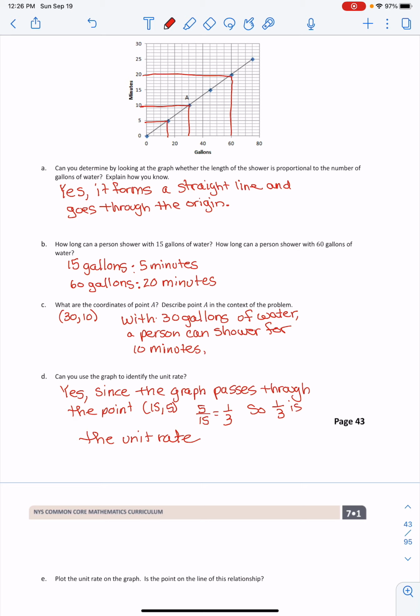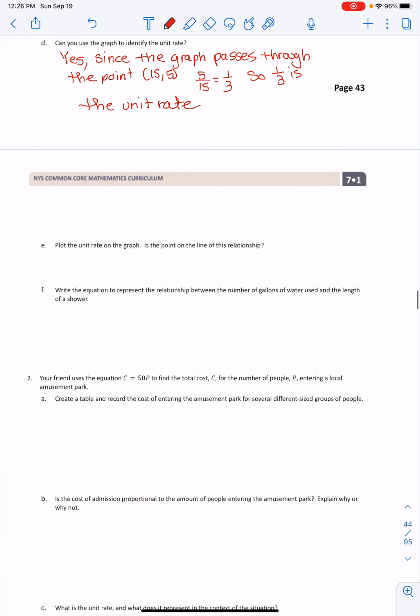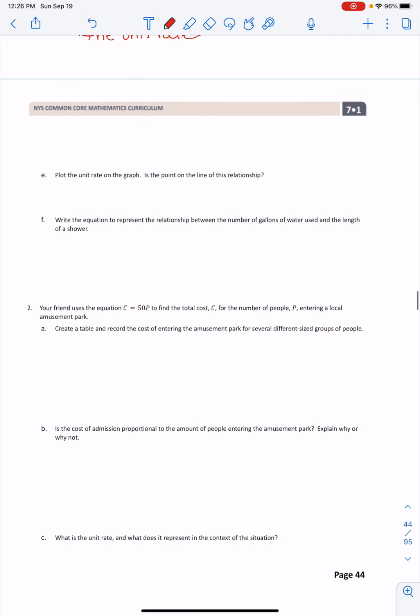To graph this on this graph, which goes by 5s, it's probably right in here. So now, it said, is the point on the line of this relationship? Yes.